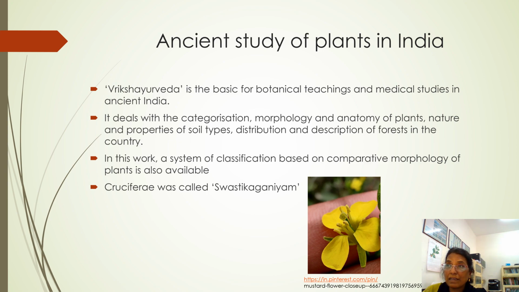In this classical classification, it is known as swastika ganium. The word swastika means, in Hindu terminology, a cross kind of structure, and it also resembles the cross. Several such examples can be seen in the work of this particular Vriksha Ayurveda.